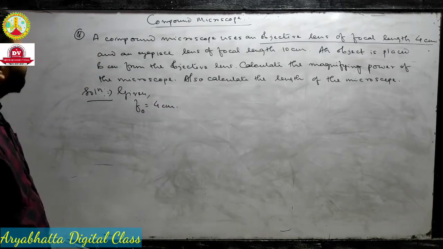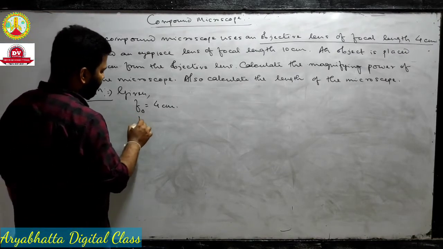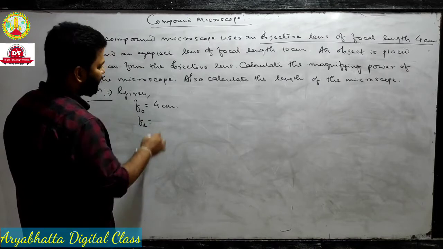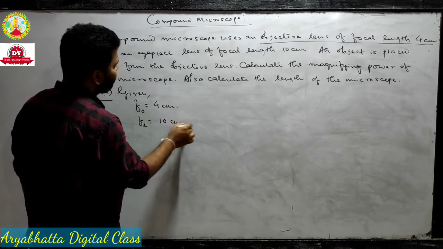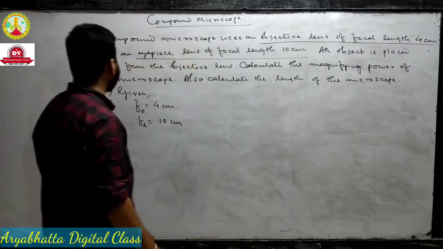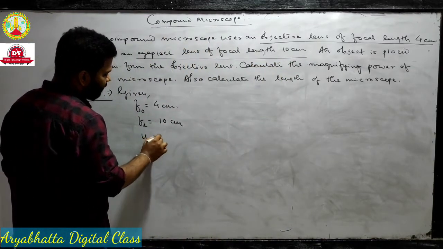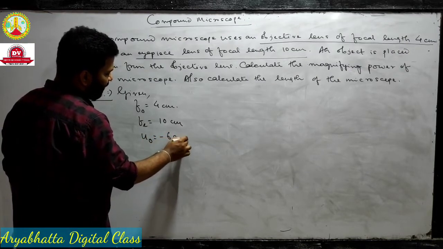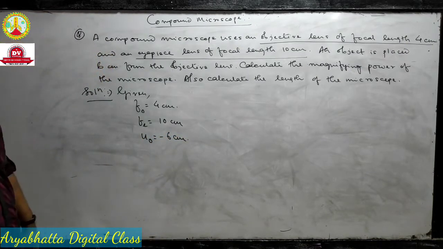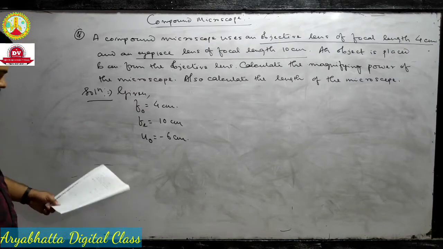And an eyepiece of focal length 10 centimeter, so FE is equal to 10 centimeter. An object is placed 6 centimeter, so the object distance UO is equal to minus 6 centimeter. Focal length is always positive for a convex lens, that is why I am writing plus here.